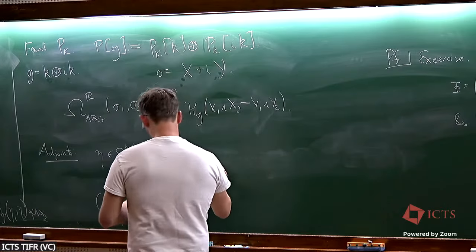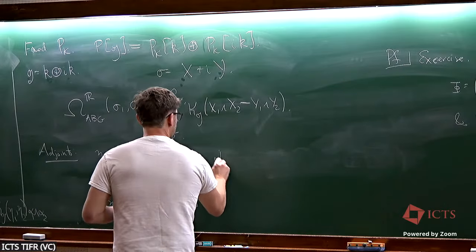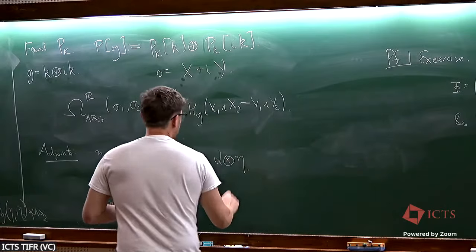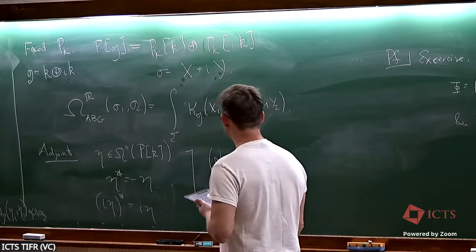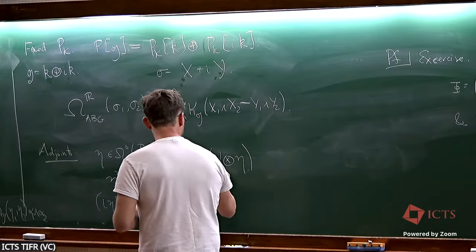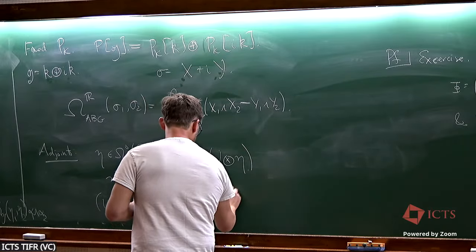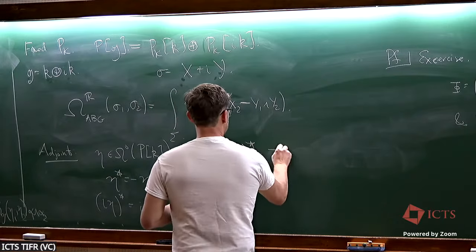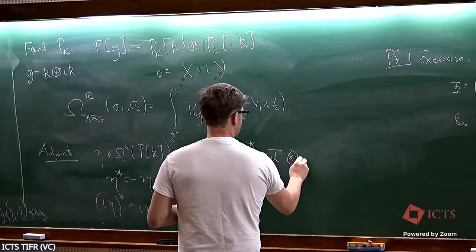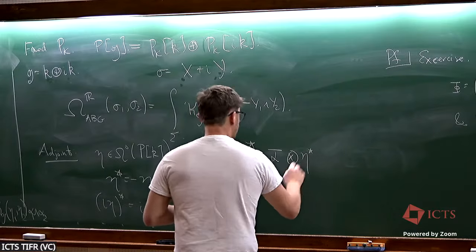If I have a one form and a Lie algebra valued section, so here alpha is a one form, just like it was before. Its adjoint is, by definition, conjugate the one form and take the adjoint of the section.